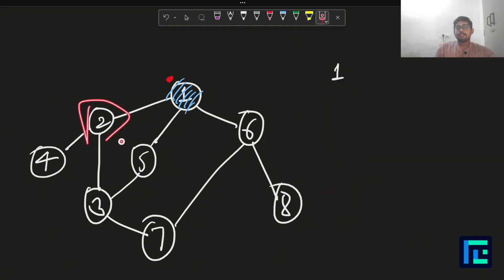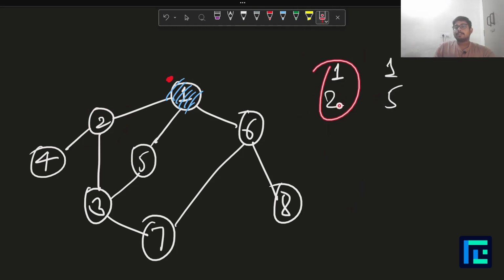If you had chosen 2, that would have been lexicographically smaller. If you have a sequence starting with 1, 2 and a sequence starting with 1, 5, the first would always be smaller, whatever you take after that. So it's always greedily the best choice to take 2 next. That I hope is clear. So your next optimal choice would obviously be 2, because among these three, 2 is the smallest.